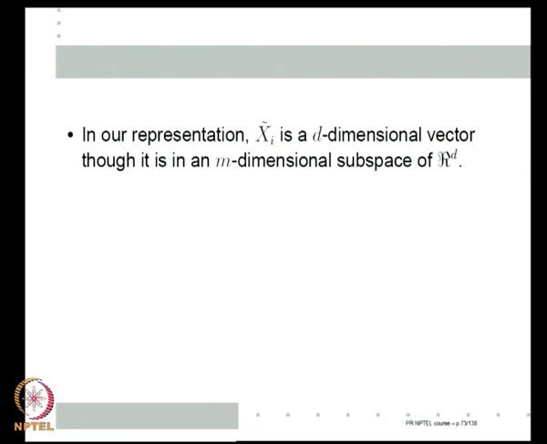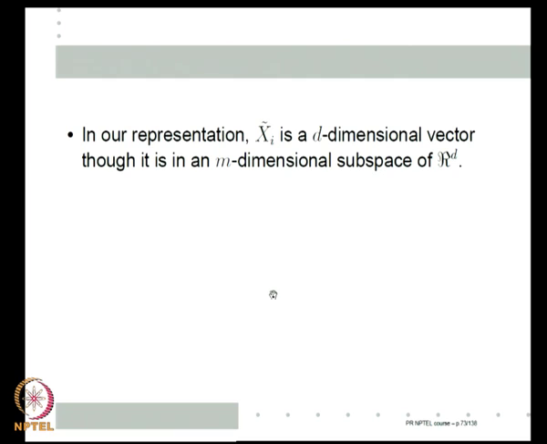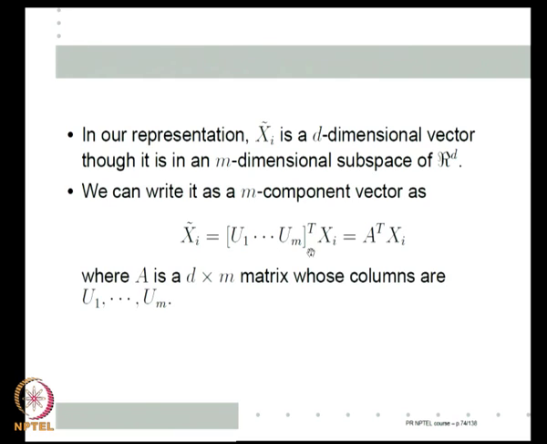Essentially, once we take x bar to be 0, I can write it as an m component vector where the first component is xi transpose u1, the second component is xi transpose u2, and so on. So, that is what this representation is. I can write xi tilde as A transpose xi, where A is a d by m matrix whose columns are the vectors u1 to um.